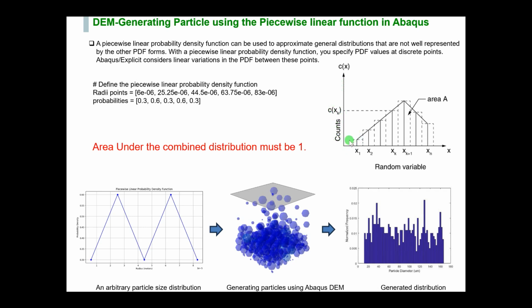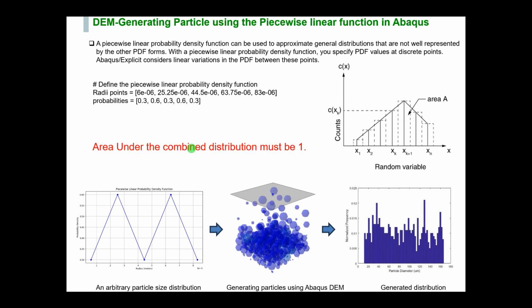We can specify 5, 10, or whatever number of points you want, and you should specify the probability for each point. As you can see, we specify 5 points as our radius, and specify a probability for each radius.